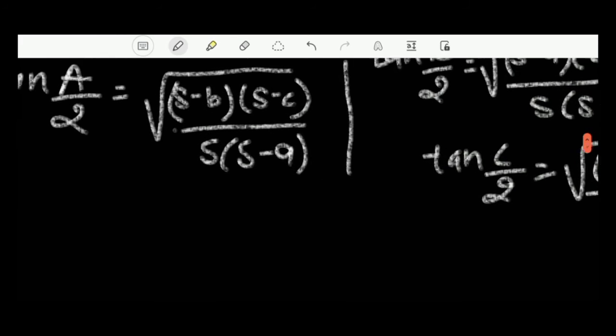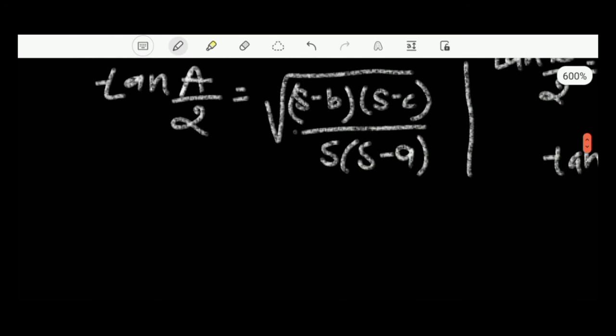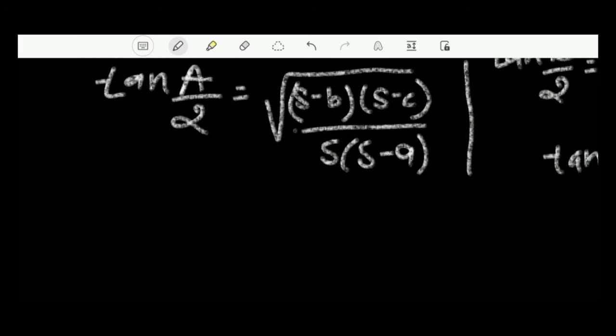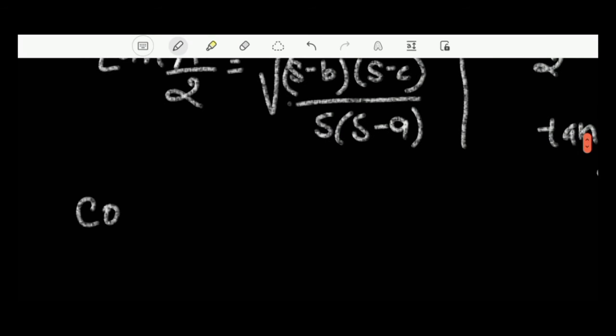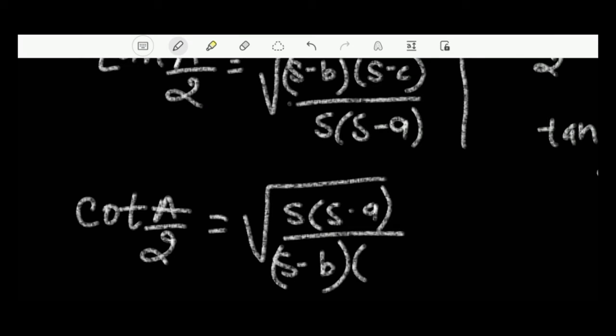So we can transform this tangent in term of cotangent by just taking the reciprocal of both sides. So let's do that. So we can say that cot of a by 2 is equal to square root of s into s minus a upon s minus b multiplied by s minus c.